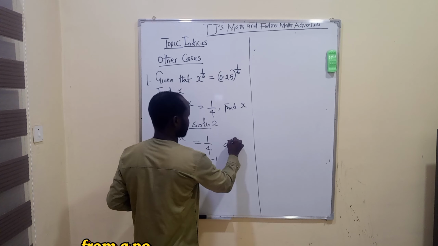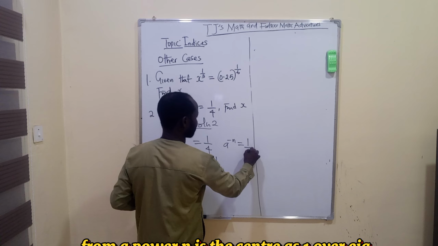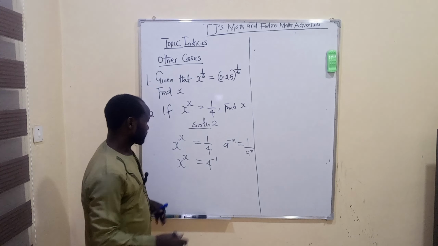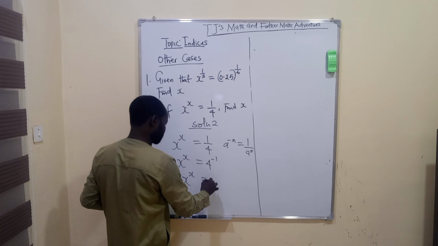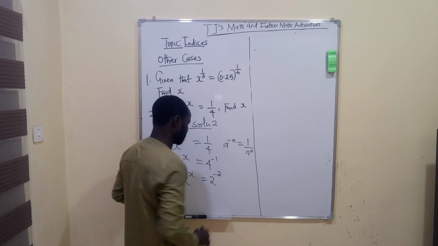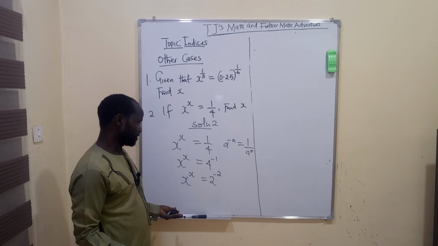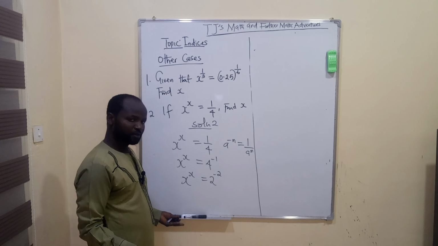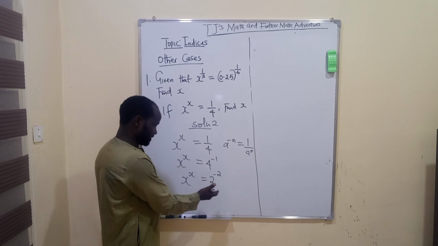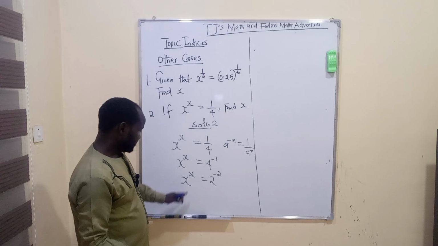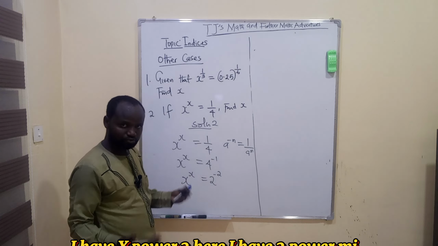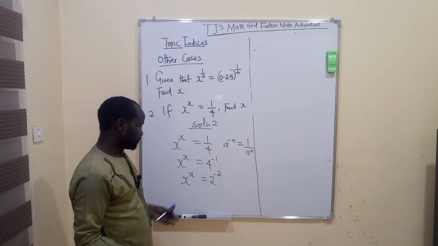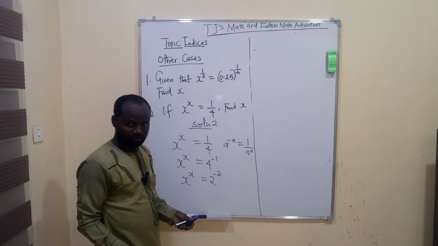From a power minus n is the same as 1 over a power n. So at this point, we can write this as x power x equals 2 power minus 2, which is the same as 1 over 4. There are many ways we can write this.